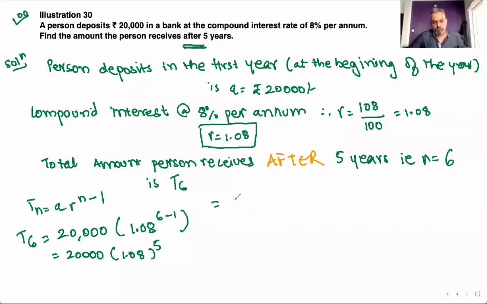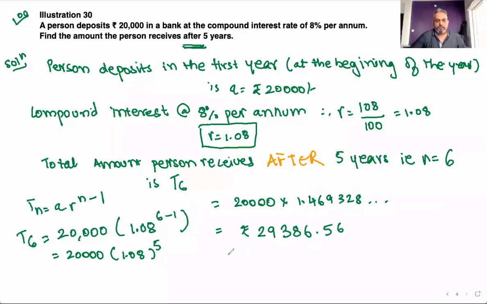Take calculator: 1.08 into, is equal to 2, 3, 4, 5. 1.46932808. So 20,000 into 1.469328 is equal to rupees 29386.56.